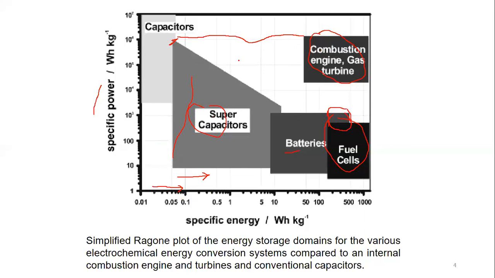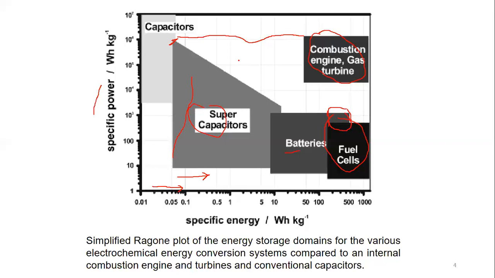In the specific energy sector, the fuel cell can compete with the combustion engine, but on the specific power side, the supercapacitor can compete with it. Now it's really very interesting: there is no single source, be it fuel cell, battery, or supercapacitor, that can alone compete with the internal combustion engine. That's the first point.